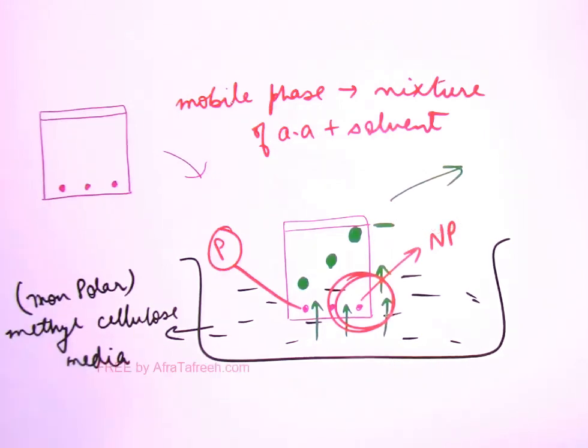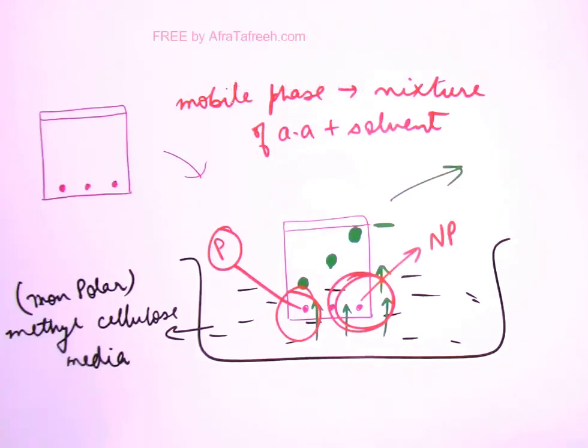Then that amino acid is soluble in the solvent, so that is non-polar here in this case. But this amino acid is polar because it is giving a very early stain here, right? See, if the medium taken is polar, then everything will be changed, okay? So mobile phase is a mixture of amino acid and solvent, and stationary phase is paper or thin layer of silica, right? So we're done with chromatography.